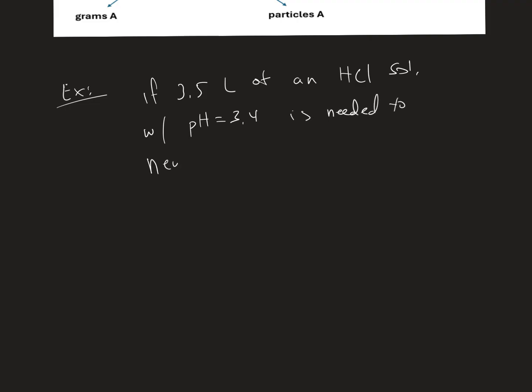So if 3.5 liters of an HCl solution with a pH of 3.4 is needed to neutralize 58 milliliters of sodium hydroxide solution with an unknown concentration, what is the concentration of our sodium hydroxide?